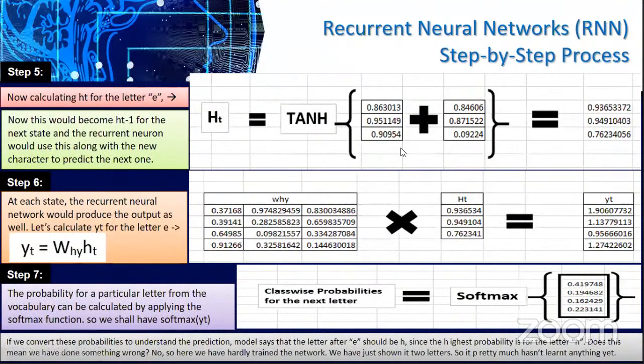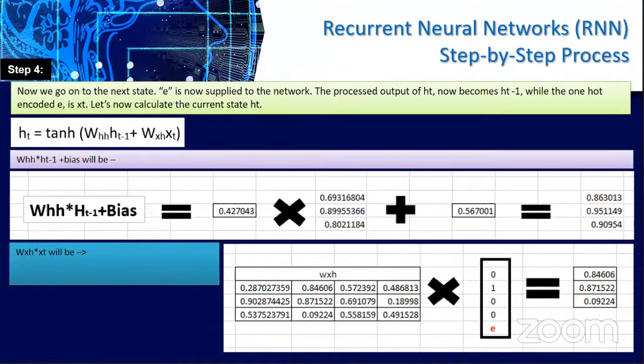You can see here, right? Now, let's go to the character E. With respect to character E, we have to take the same equation, that is tanh of W suffix HH, h suffix t minus 1 plus WXH, x suffix t, right? Now, this can be written in general with respect to the bias. How do you write it with bias?